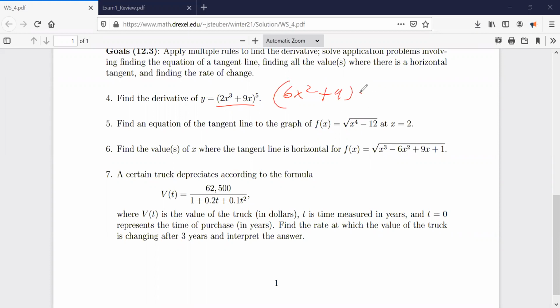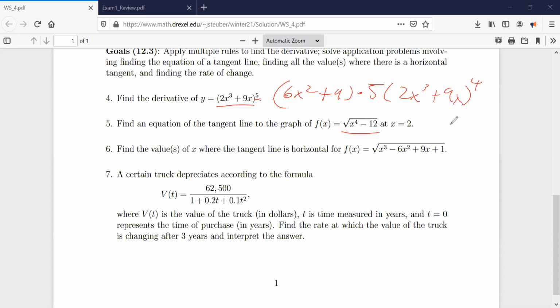And then that's going to be times, now I'm treating the whole thing as a unit, and then I'm doing the power rule. So it becomes 5 times 2x cubed plus 9x all to the 4. Does that make sense to people? Yeah. Cool.